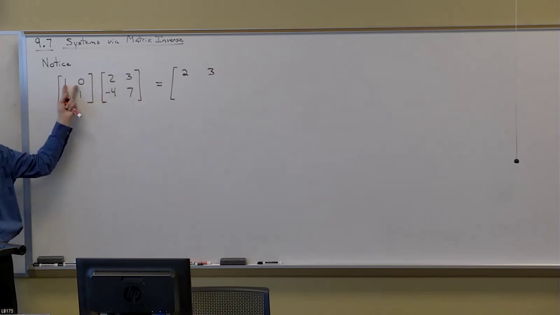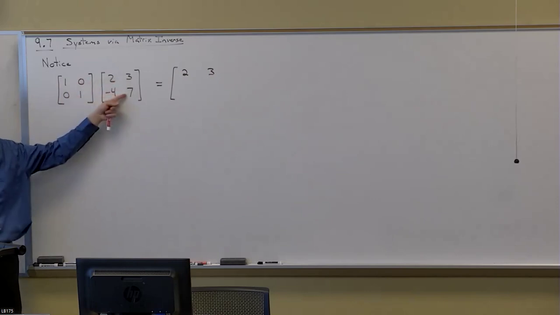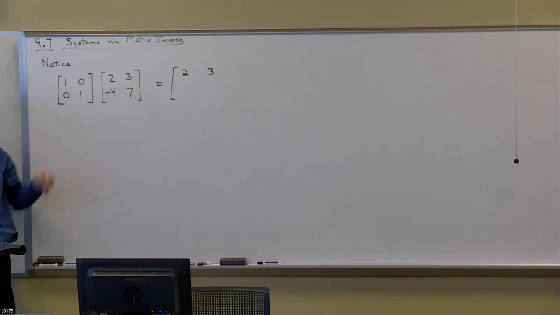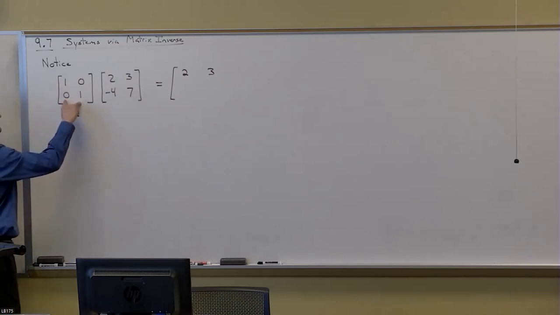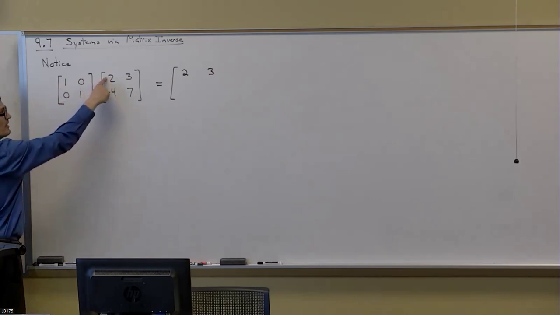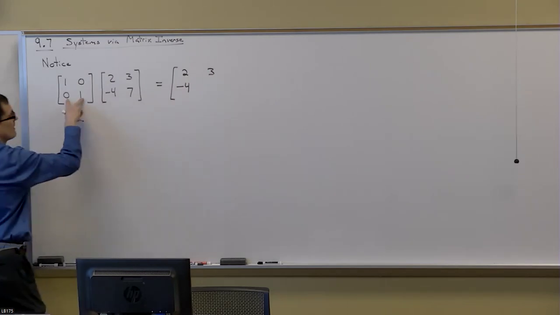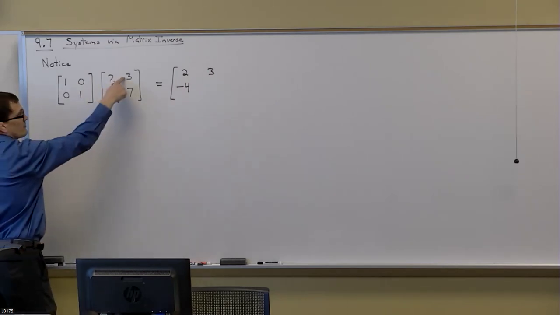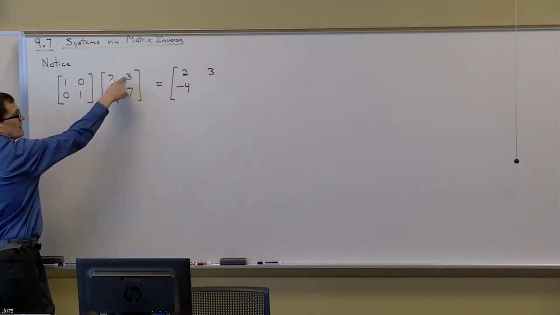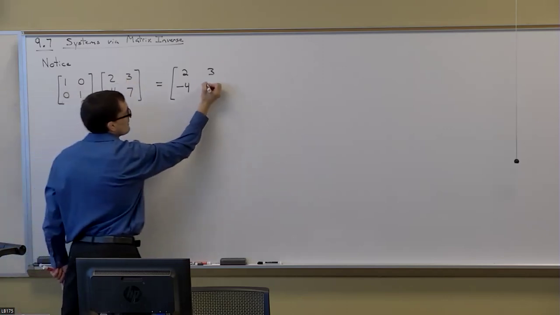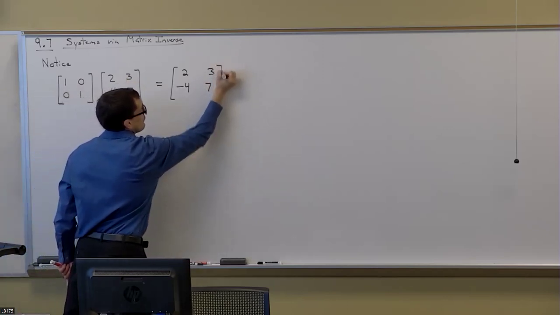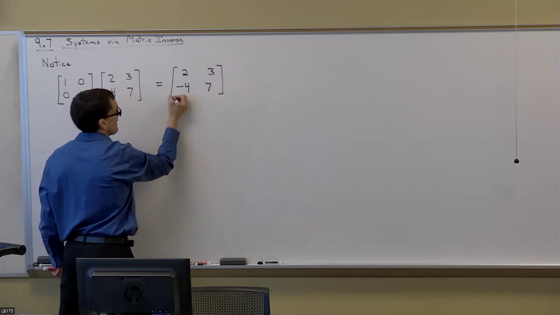And then you go to the next one. 1 times 3 is 3, 0 times 7 is 0, so you just get 3. If you do this one, 0 times 2 plus 1 times -4, you get a -4. 0 times 3 plus 1 times 7 gives you 7. So you get this matrix back.